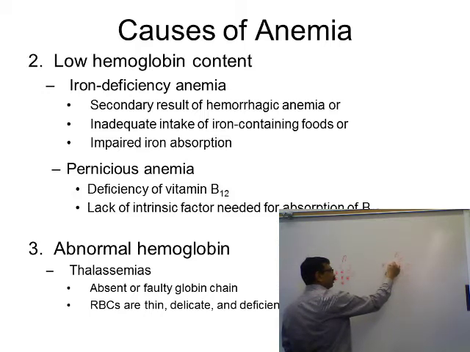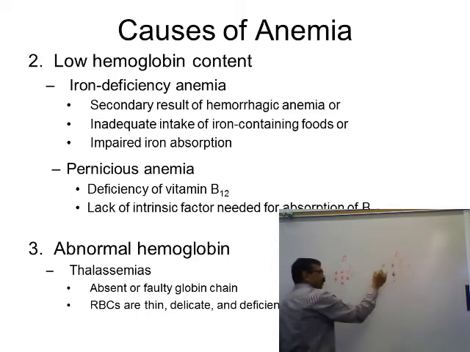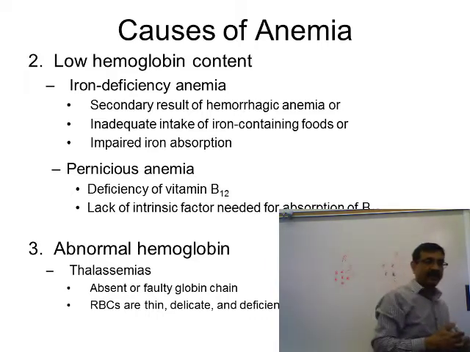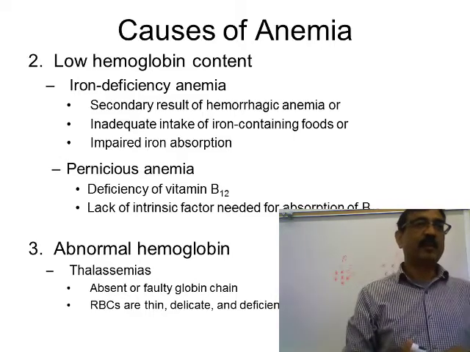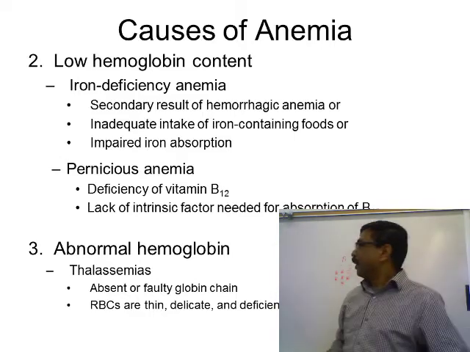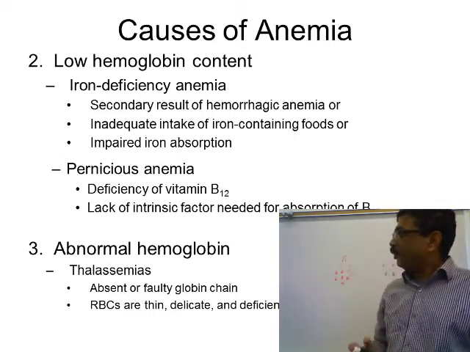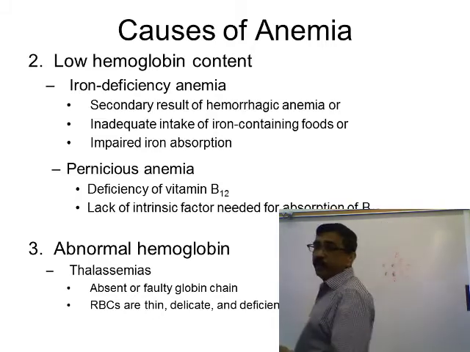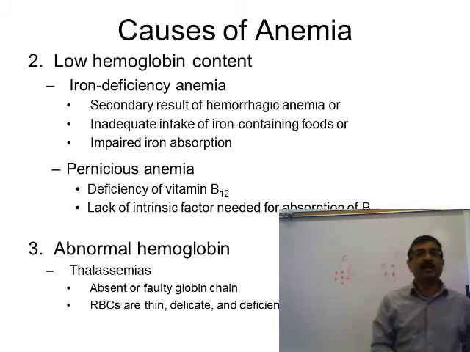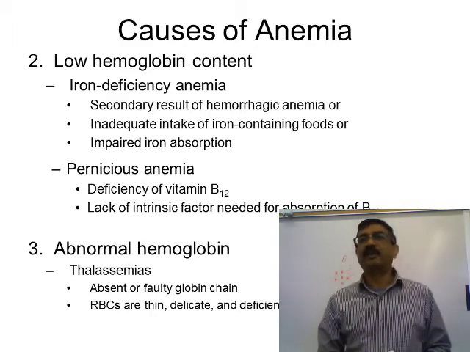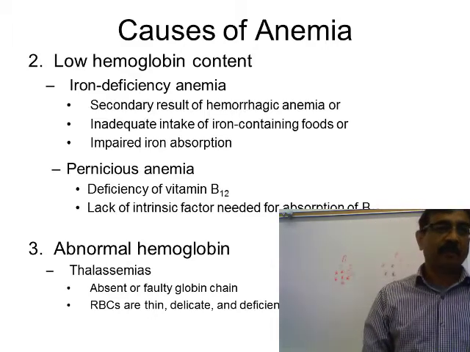Abnormal hemoglobin, not normal. So this hemoglobin is not able to carry enough oxygen. Make sense? If the hemoglobin is abnormal. Two commonly heard abnormal hemoglobin content anemias are thalassemia and sickle cell anemia.